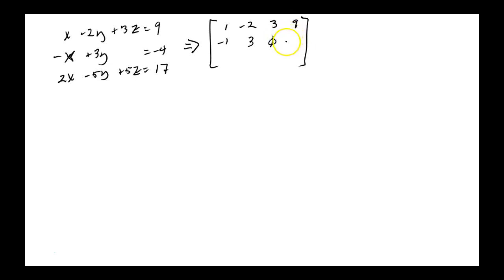Yep. Negative 4. Next. Okay. Now, the main thing that did for you, eliminates you having to write the variables. Okay? Numbers you still have to write.